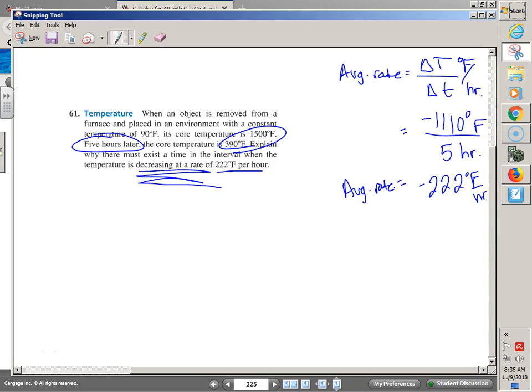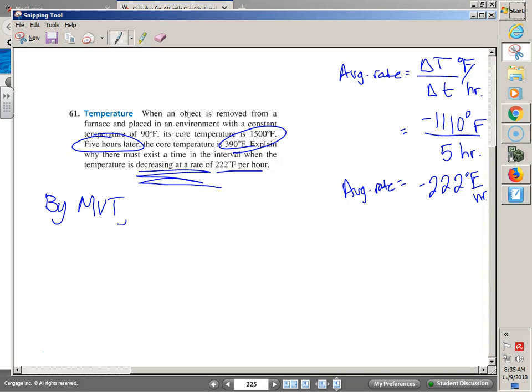What on earth could ever possibly tell us that there must be a time then where the actual rate is equal to the average rate? Nobody? Even my hand knew it. MVT. Because what does MVT say?